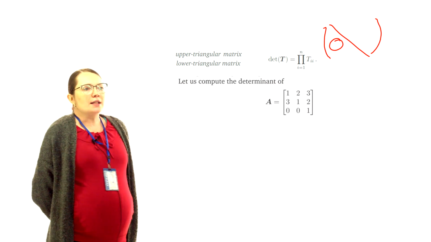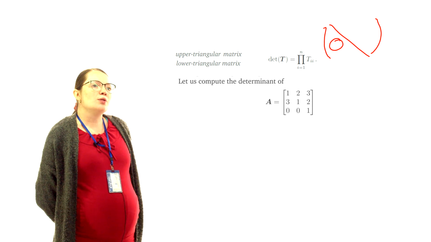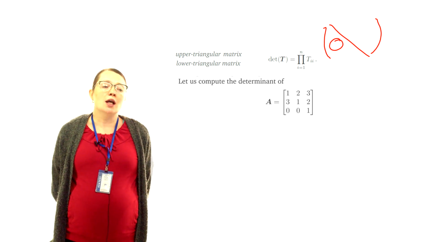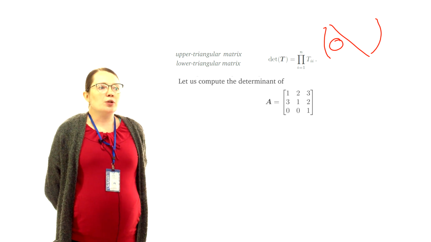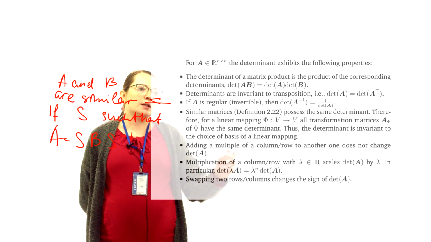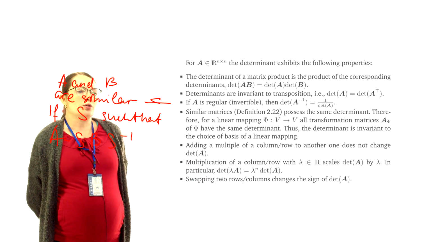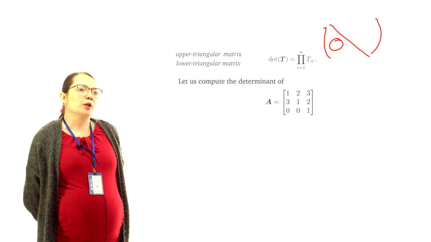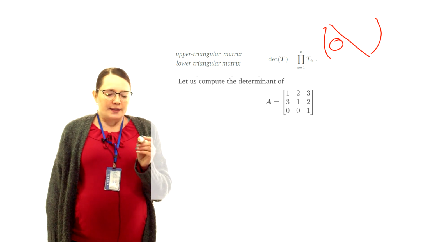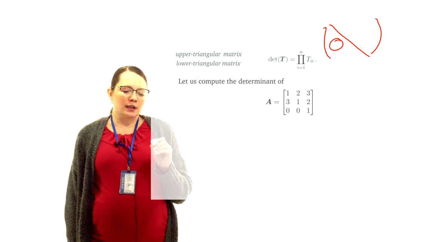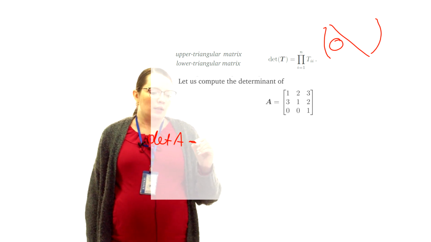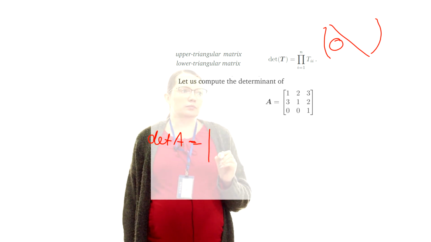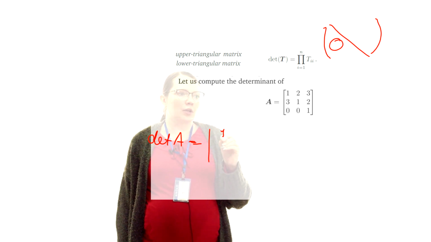And let's compute the determinant using the following idea. We will first reduce the matrix to the upper triangular matrix, and then we will use the previous property to say that the determinant will not change. So let's see how we do this. The determinant of A will be equal to the determinant of, so let's leave the first row in its place.